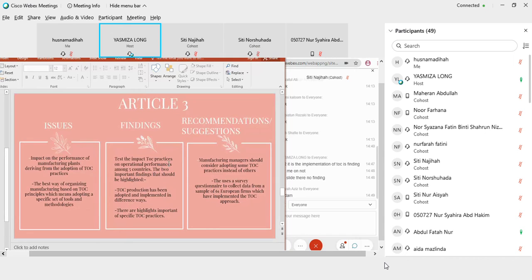And then dia go to among 5 countries. That means the industry dekat Europe tu, dia implement and adopt the TOC but in the different way. So rasanya artikel tu dah bagi tahu finding kat sini.